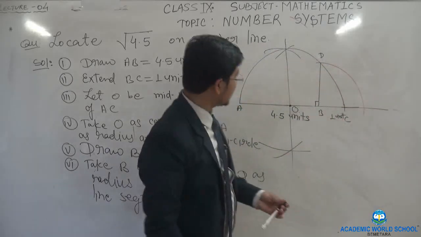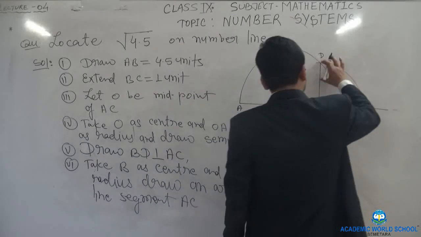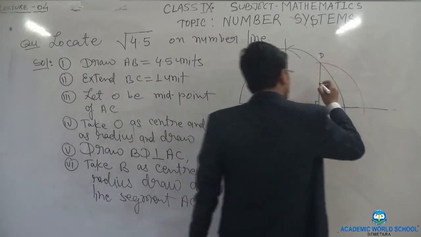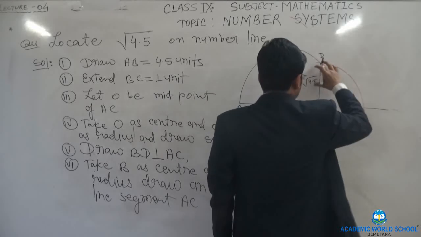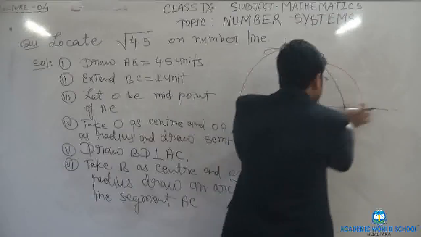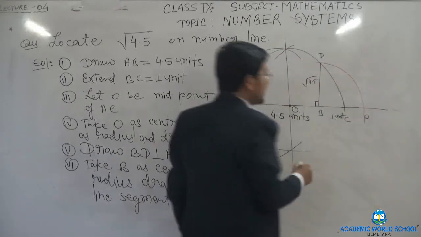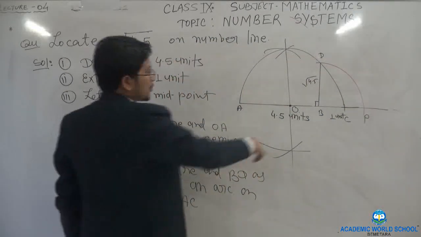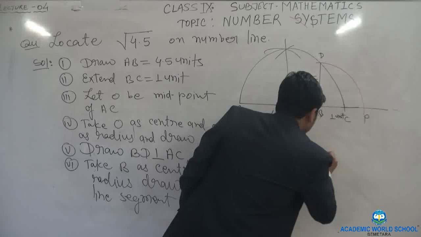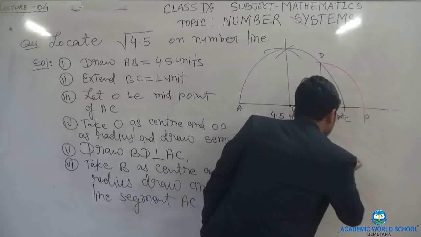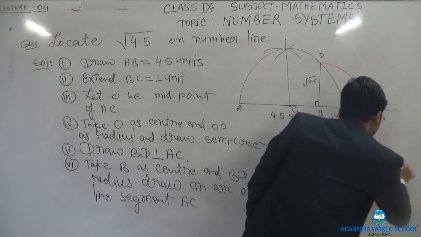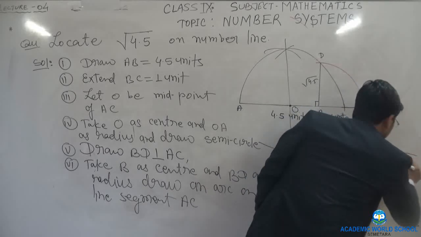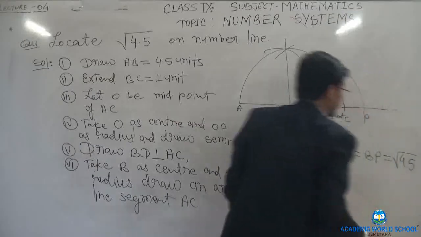So if this is root over 4.5 unit, let's say this point is P. Therefore BD is equal to BP, and this is root over 4.5 unit.